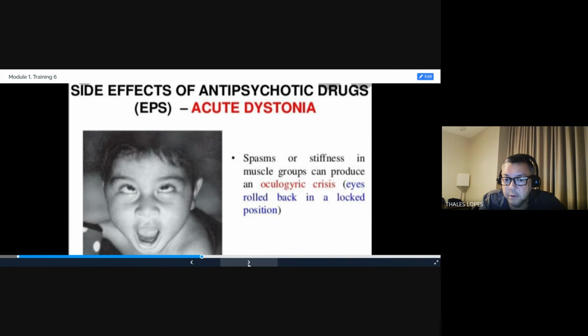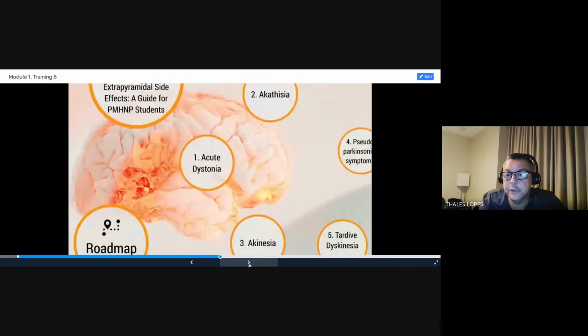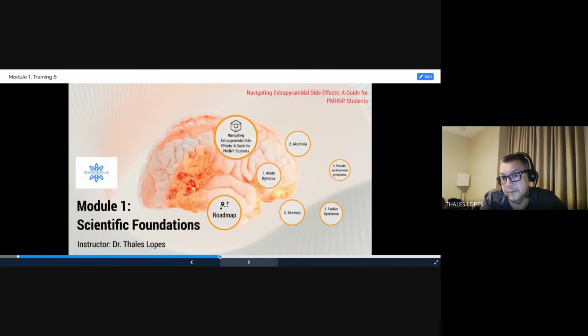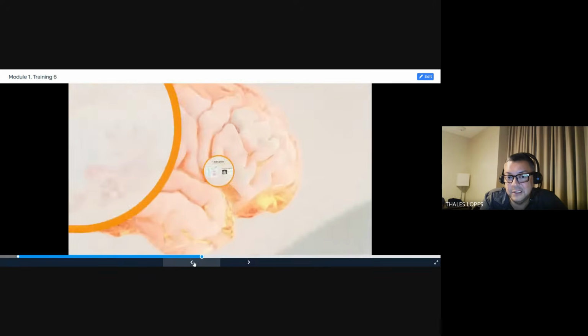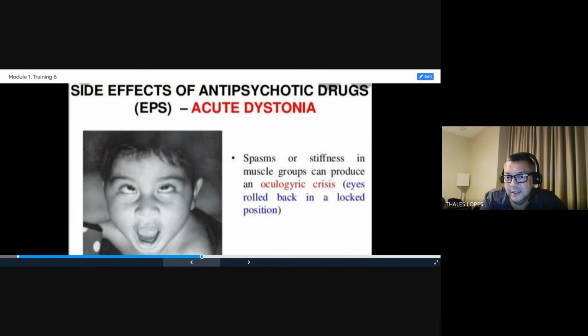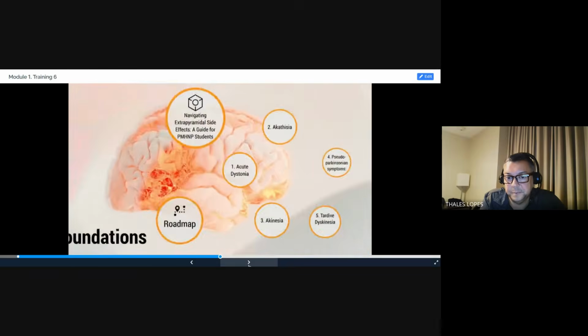What are you going to do? Cogentin. This is a medical emergency. Really, acute dystonia is serious. But if we talked about this specific oculogyric crisis, it's high yield for your board.